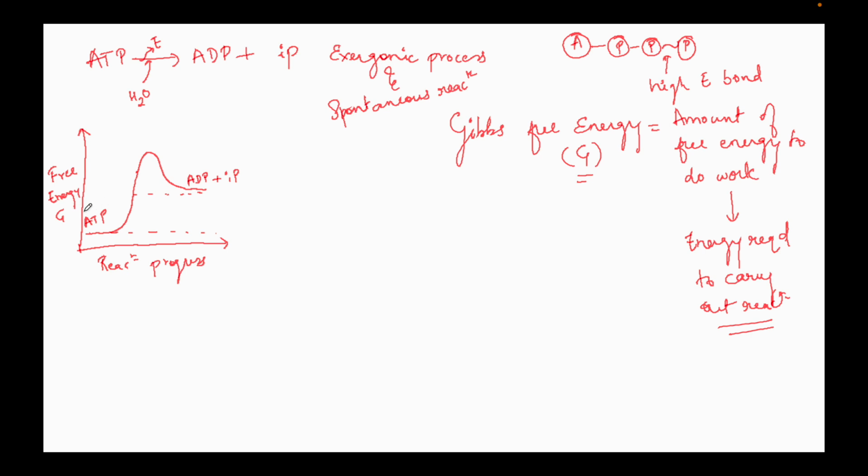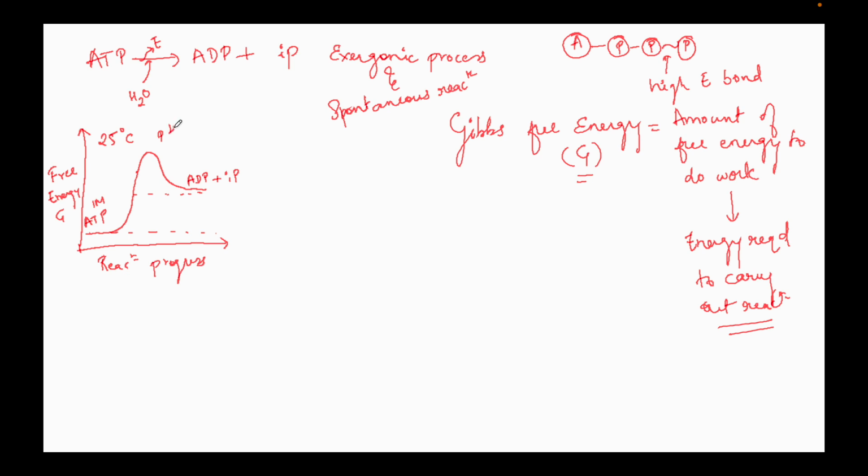So at standard conditions, what are the standard conditions? When the ATP concentration is 1 molar, at 25 degrees Celsius and at pH 7.